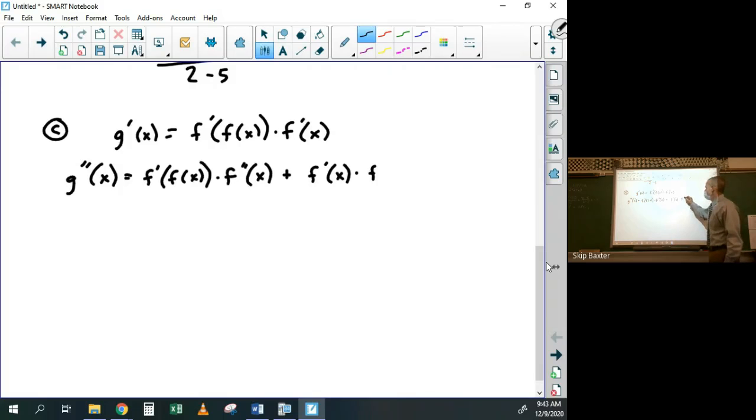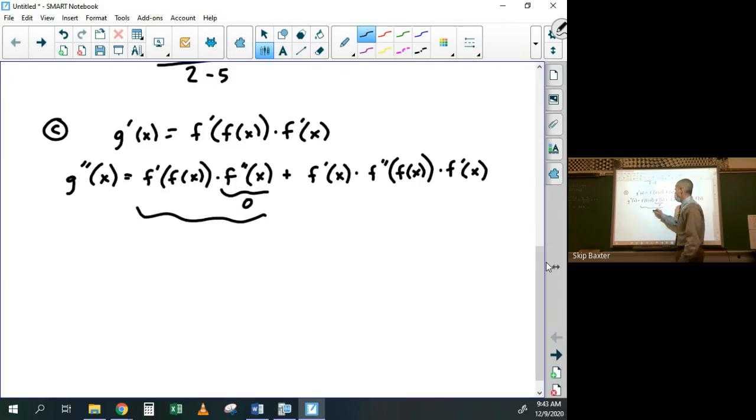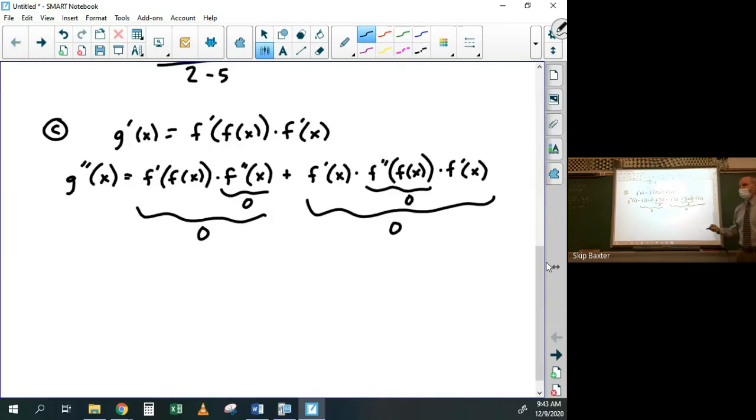This would be f double prime of f of x times f prime of x. That's the second derivative of g, but it's 0. Because if you look at it, this is 0, which makes that whole thing 0, and this is 0, which makes this whole thing 0. So g double prime of x equals 0 for all x.